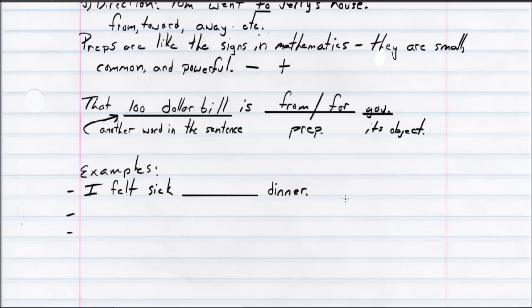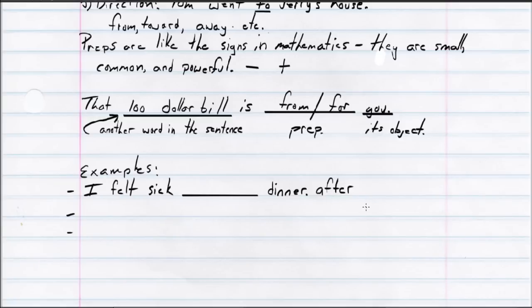So let's use a relationship of time here. I'm going to show the relationship between when I felt sick and dinner. And I want to talk about time. Those two things in relation to each other as far as time is concerned. So go ahead and out here on the outside, write down a couple words that you think might show that relationship. I'll give you an example. After. Okay, so I felt sick after dinner. That's a preposition showing the relationship of time.